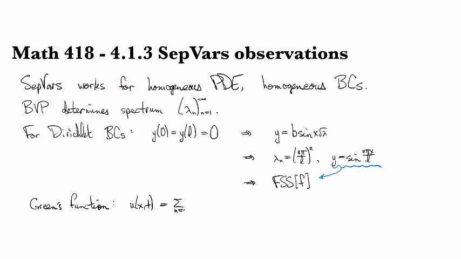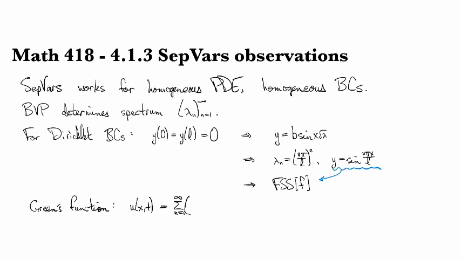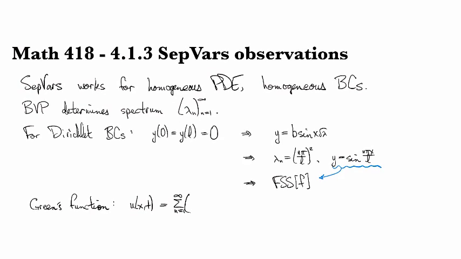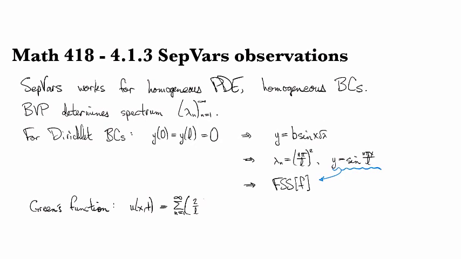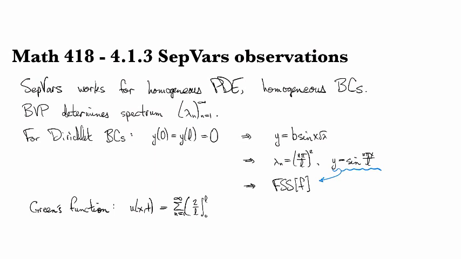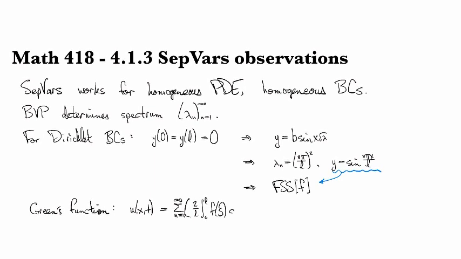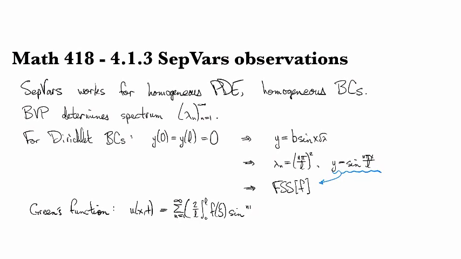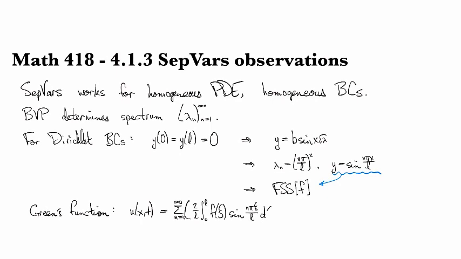It was the sum n equals 1 to infinity of some coefficient, and our coefficient was found as 2 over L integral from 0 to L f of xi sine n pi xi over L d xi.